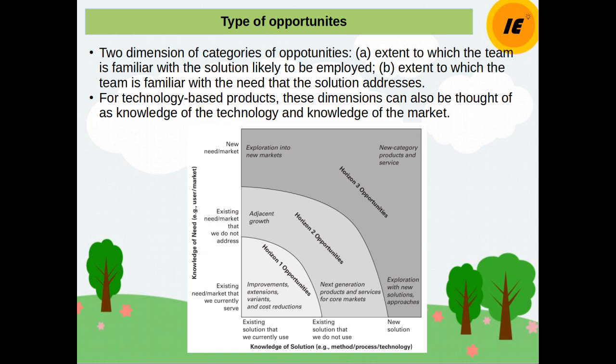Some opportunities are more risky, depending on the knowledge that you have about the technology and the knowledge you have about the market. Those two are parameters, and depending on them, you can have a qualitative sense of what your zone is, whether you are dealing with a very risky situation, a medium risky one, or a not so risky one. Generally for startups, it's very risky all the time. They are always in the Horizon 3 opportunity zone.